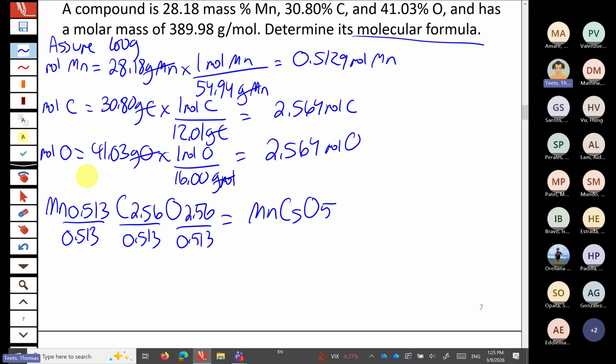So the next step, as we talked about in the previous slide, is to use that information to get an empirical mass. So we're going to take this empirical formula here and determine the molar mass that's associated with that. So we have one manganese, which has an atomic mass of 54.94.